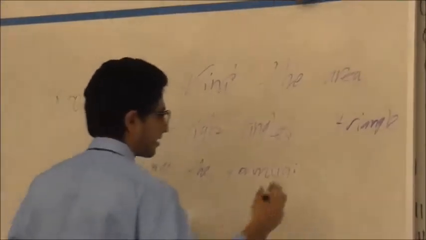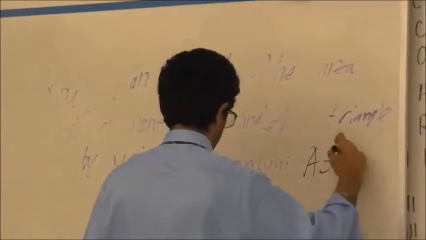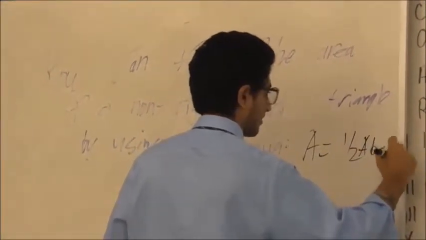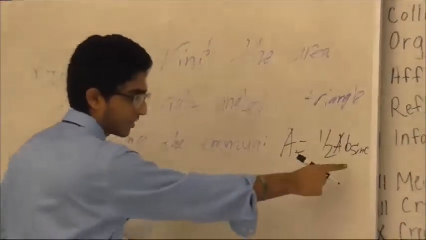The formula is as follows. A is equal to half AB sine of C. That's AB sine of C if you can't read that, class. And I'll give you 2 seconds to copy that down.